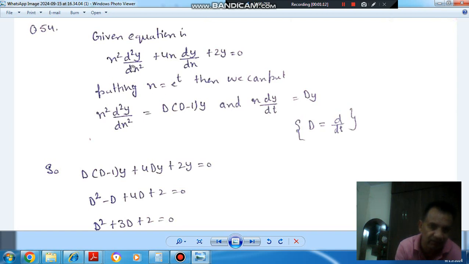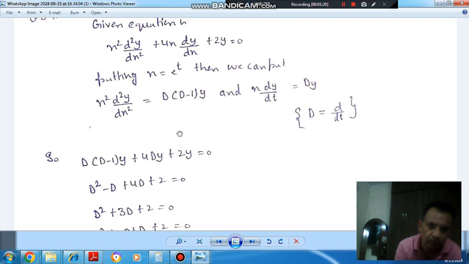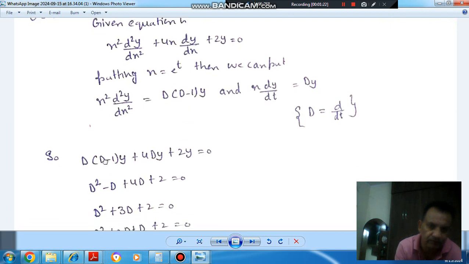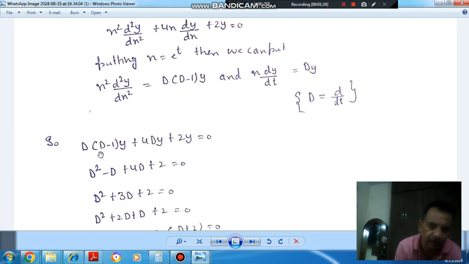Putting these quantities, we have D bracket D minus 1 y plus 4 Dy plus 2y, and solving this we get D as minus 2 and minus 1.